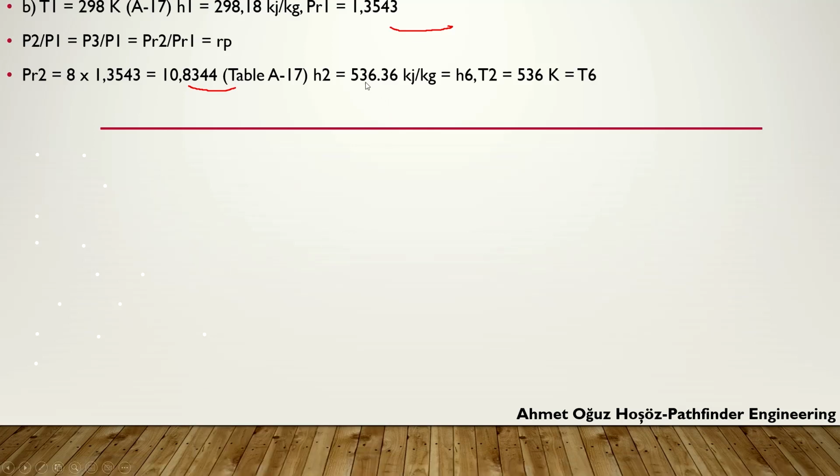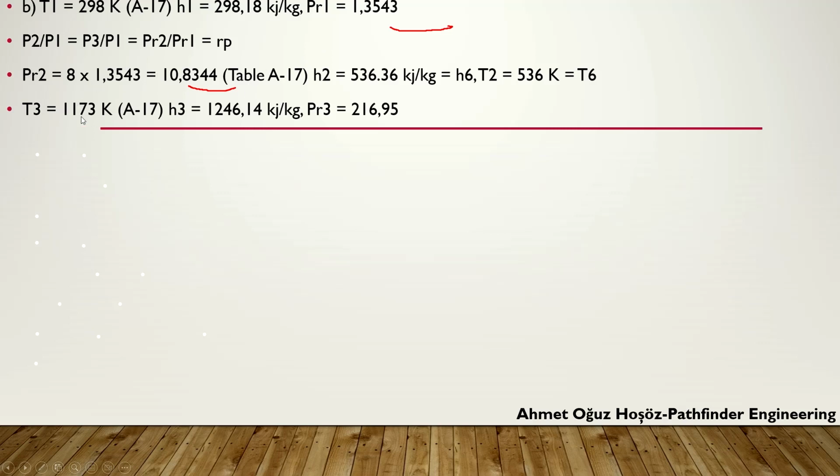We can do the same thing for our enthalpy value and we get 536.36 kilojoule per kilogram, and they are equal to h6 and T6 according to our TS diagram for the regenerative Brayton cycle.